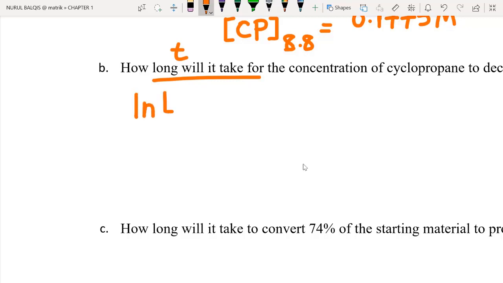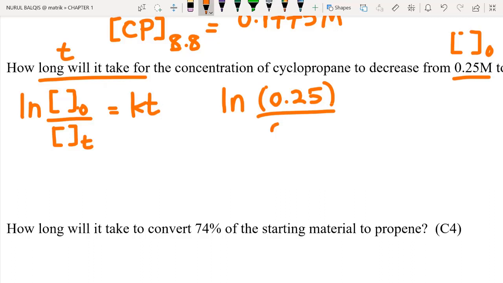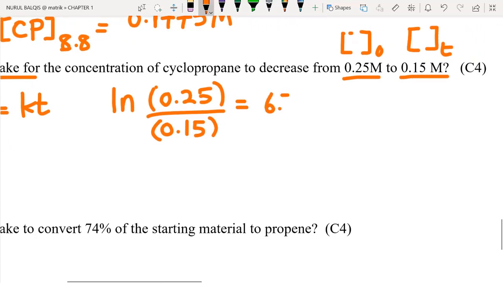So ln of initial concentration divided by concentration after a certain time is equal to kt. Once we substitute the value, we're going to get ln 0.25 divided by 0.15 equal to 6.7 times 10 to the power of negative 4 times time.